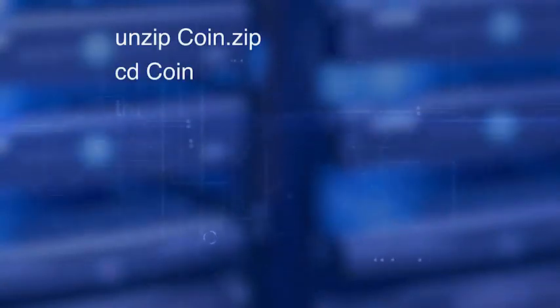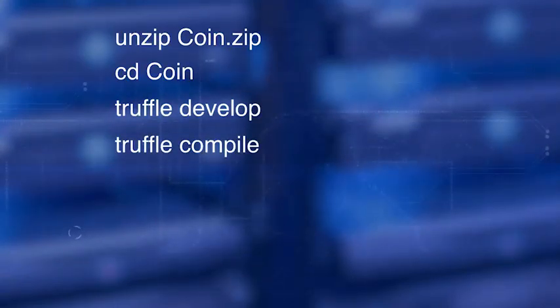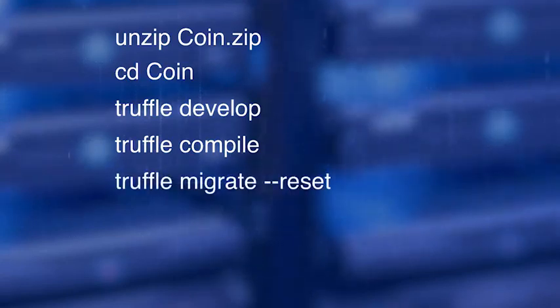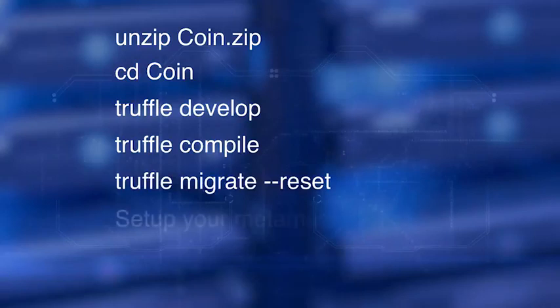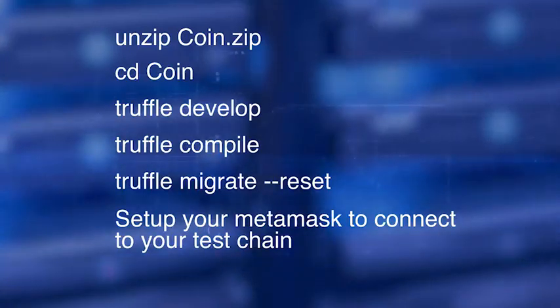Run truffle develop in a different terminal. Run truffle compile in the current terminal. Then truffle migrate --reset. Set up your MetaMask to connect to your test chain. Recall we explained it earlier.